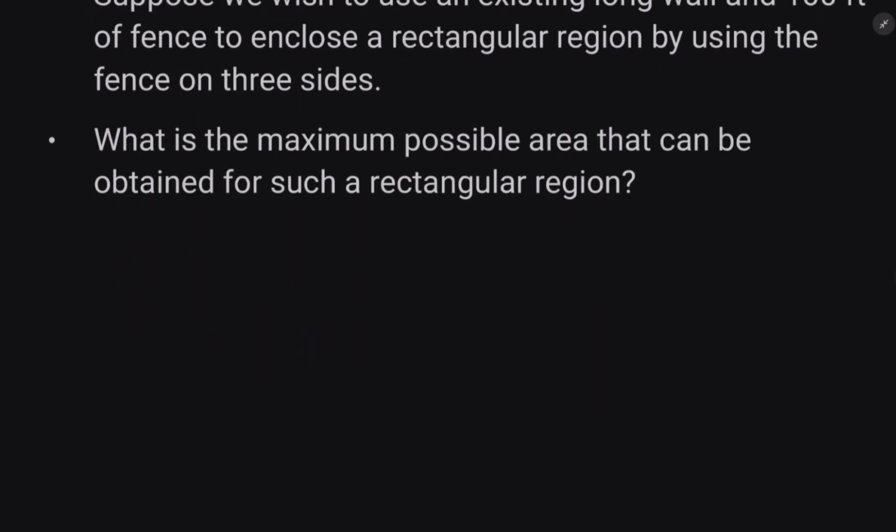So I repeat: we have a wall, and we already have a fence of length 100 feet, and we have to cover the rectangular region which gives the maximum area.